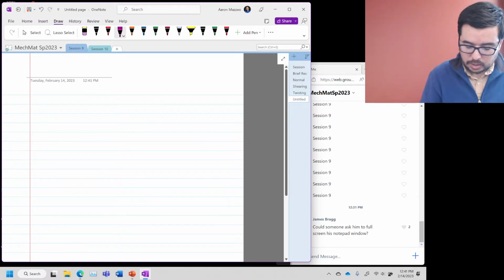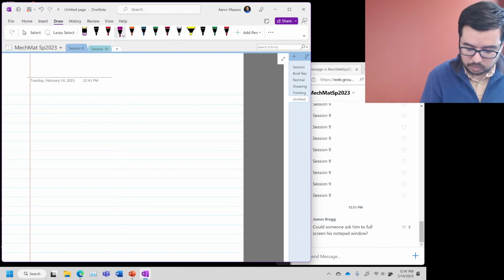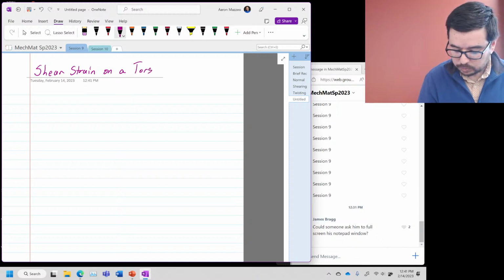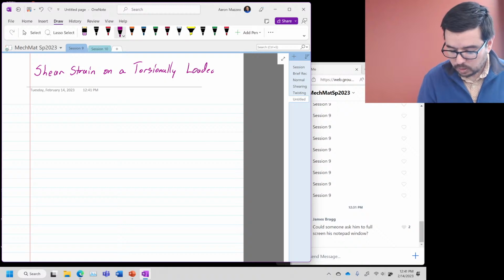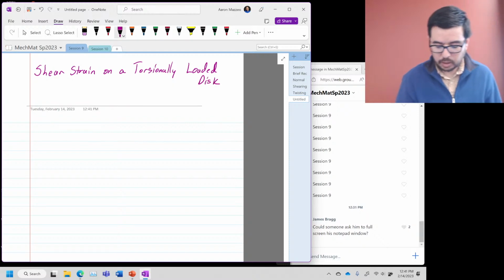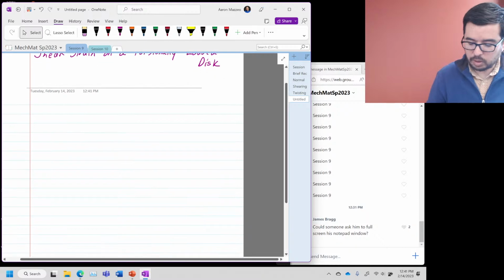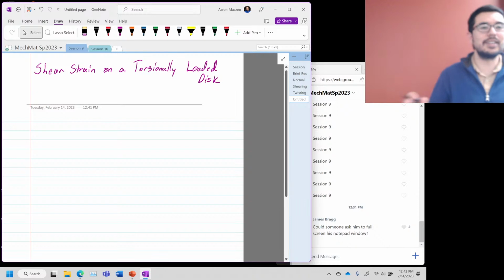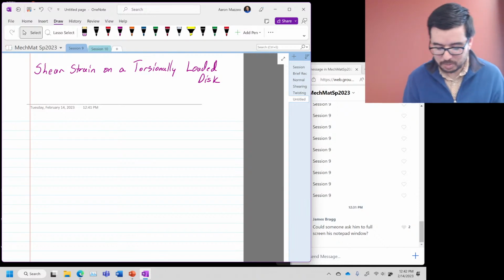So we'll call this trying to figure out shear strain on a torsionally loaded disk. And I don't know, you all can correct me in terms of, is it disk, D-I-S-C, or D-I-S-K? I think they're pretty similar here.